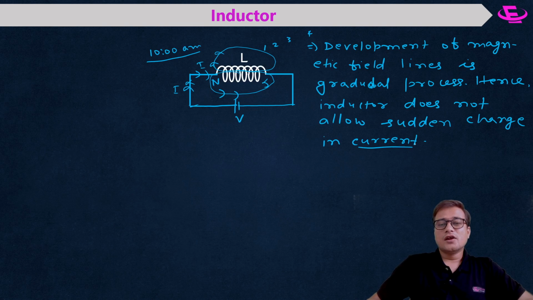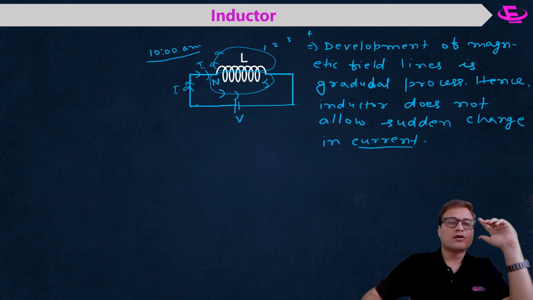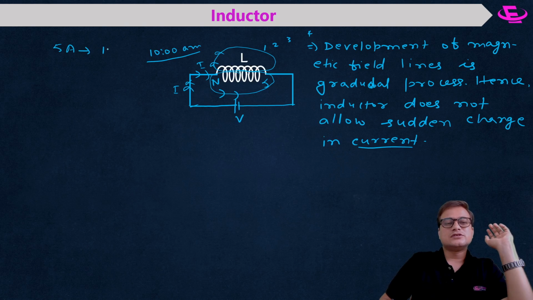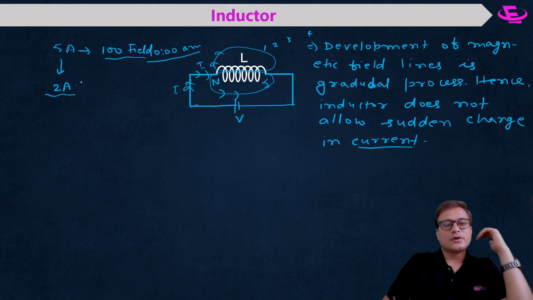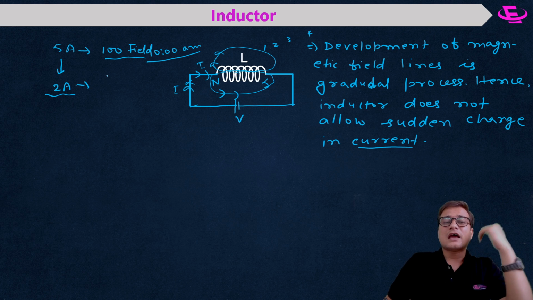Clear? Now somebody will say that suppose you have an inductor which was carrying a current of 5 ampere. So for 5 ampere current, suppose there are 100 field lines. Now suddenly, with some special arrangement, you reduce the current to 2 ampere. So field lines should also be reduced to 40.